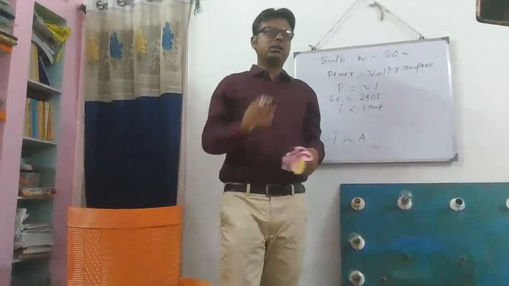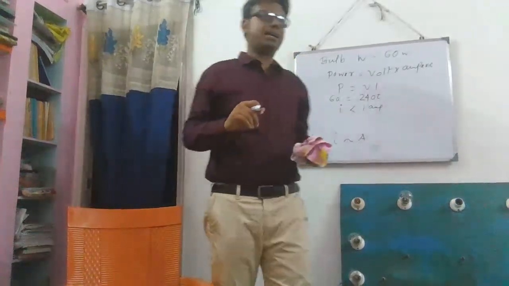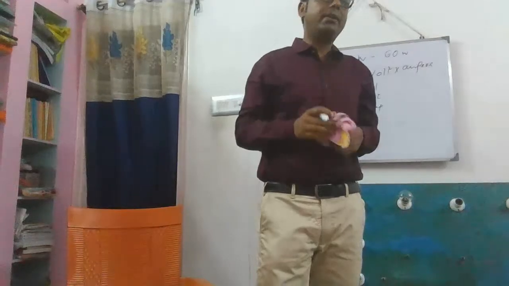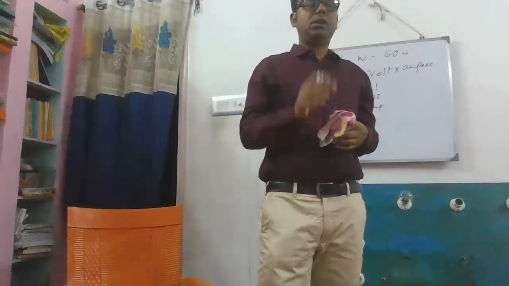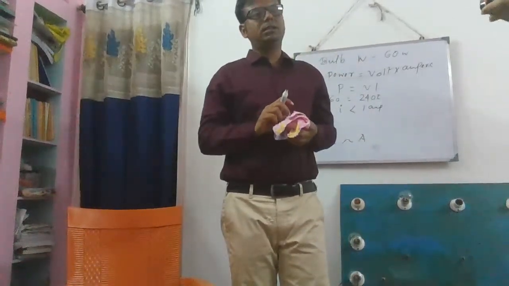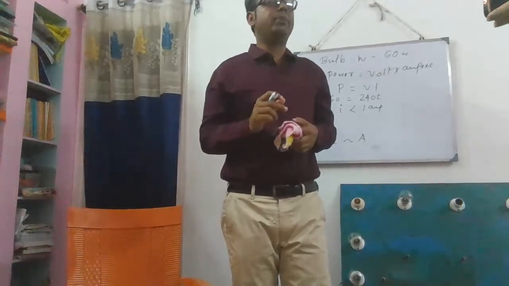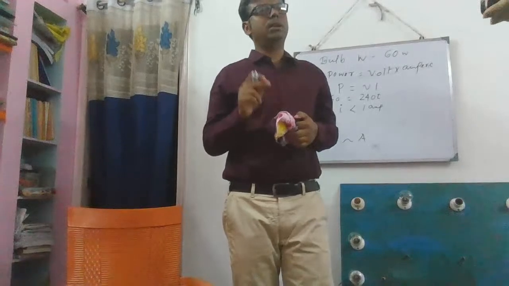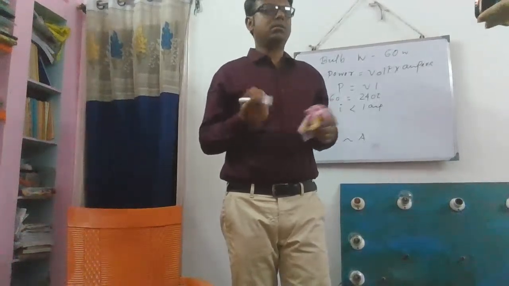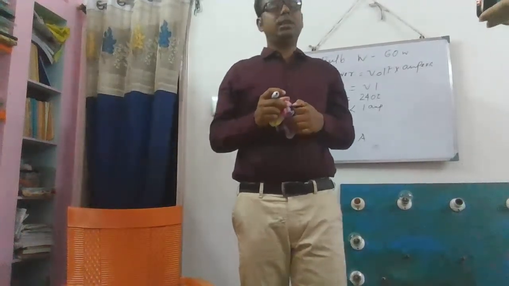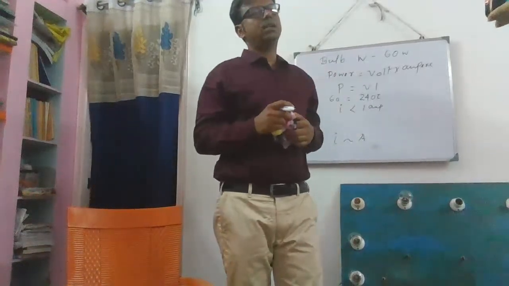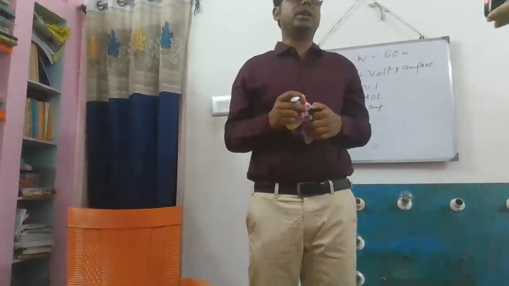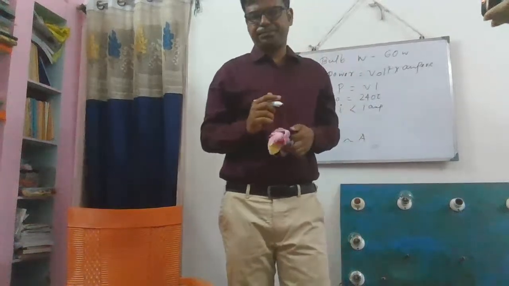The wire which can pass only 1 ampere current is a thin wire. So we always choose a 1 ampere wire, which is suitable for a bulb, tube light, and electrical fan, also 70 watt, less than 100 watt, all other lights, bulbs and fans.